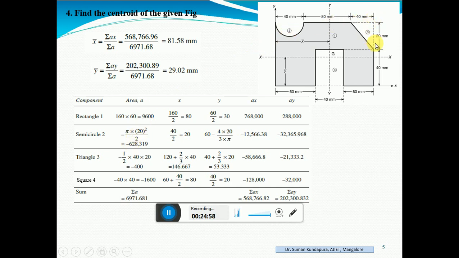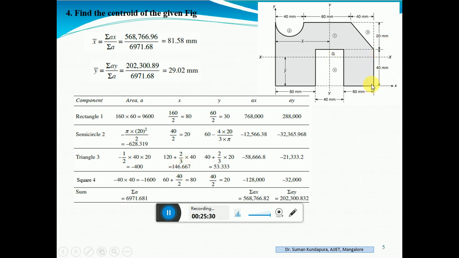Third one is the triangle, half into base into height, that is 40 into 20. It's a cutout portion again, third figure, so a minus sign is included in the area. Next, take the x distance. If the CG is lying over here, I have 120 plus 2/3 of 40 as the x distance.